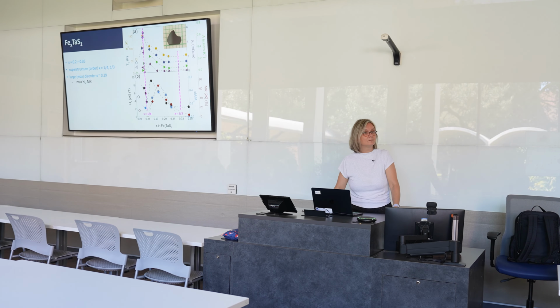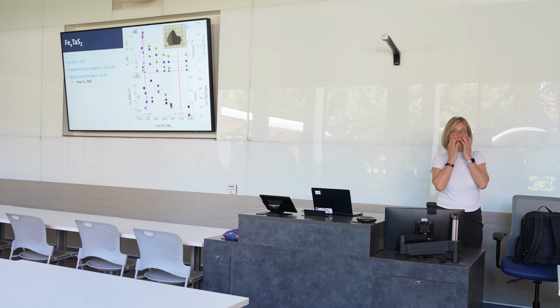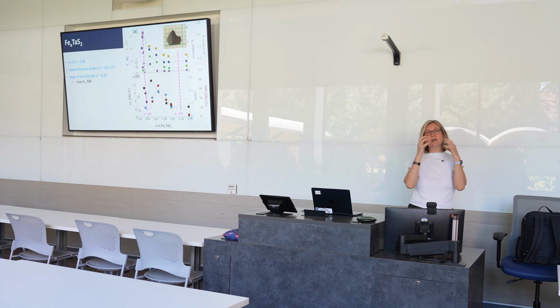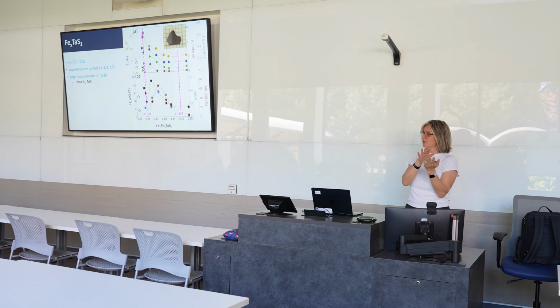Yes? I'm just curious, does the van der Waals attraction affect the magnetism? Does it affect the magnetism? Well, you're putting irons in those gaps, so I think once you've populated the sites over there, the layers tend to be more coupled to each other.